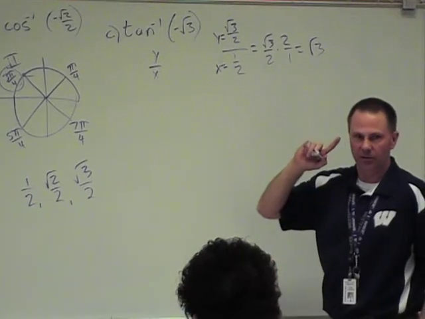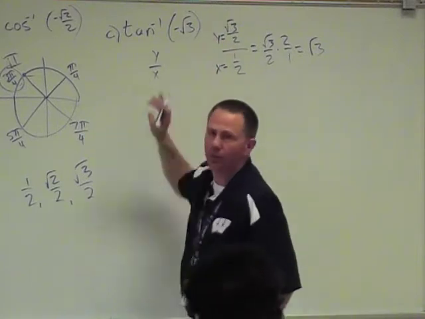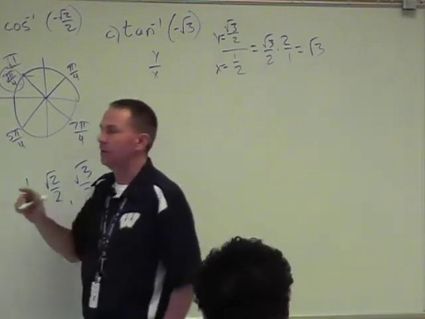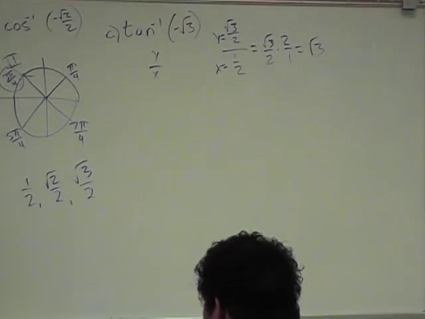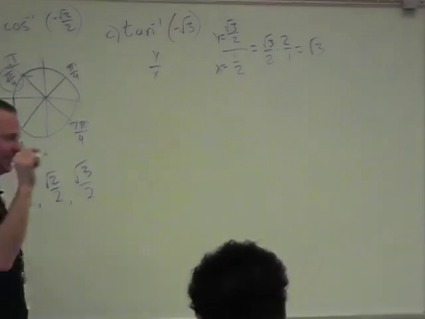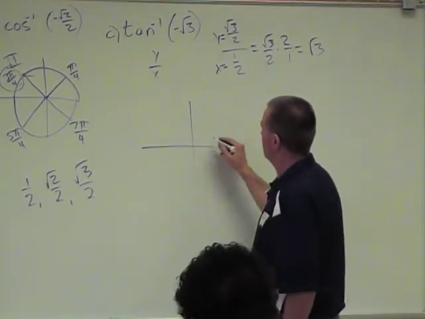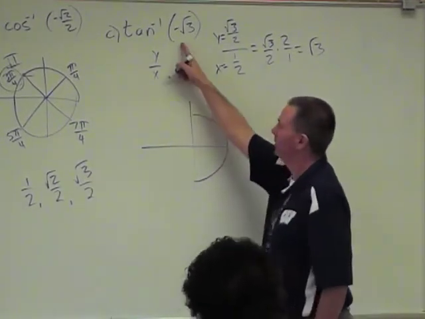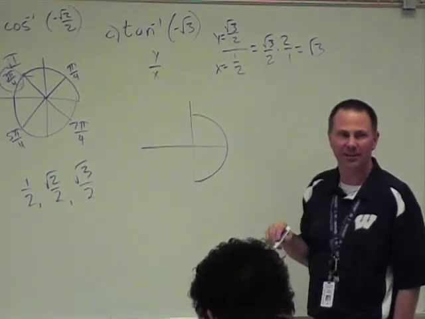So right now, that's just showing you where the radical 3 came from. Tangent has to be between negative pi over 2 and pi over 2. Is tangent positive or negative? Negative. So am I in the first quadrant, second, or fourth quadrant?